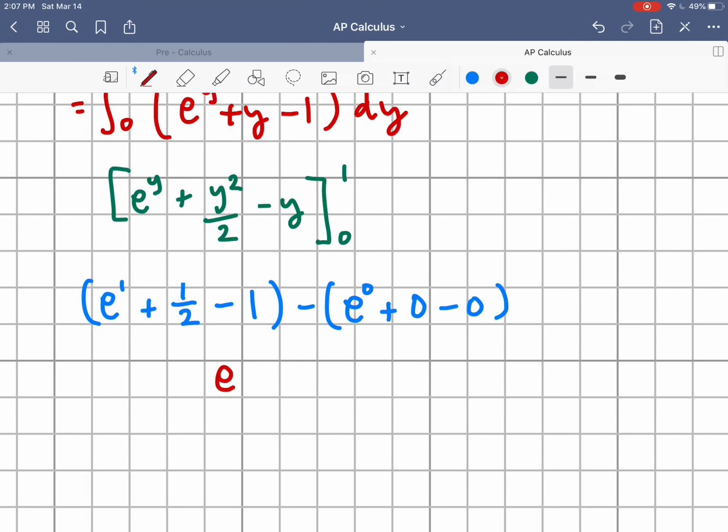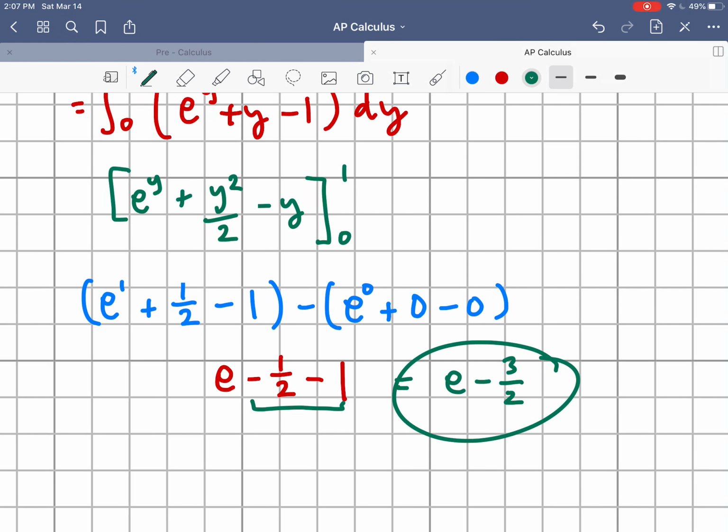Let's see. We have e minus 1/2 minus 1, e to the 0 is 1. And if I combine these two, negative 1/2 and a negative 1, that gives me negative 3/2. So my final answer is e minus 3/2. Way easier to do.